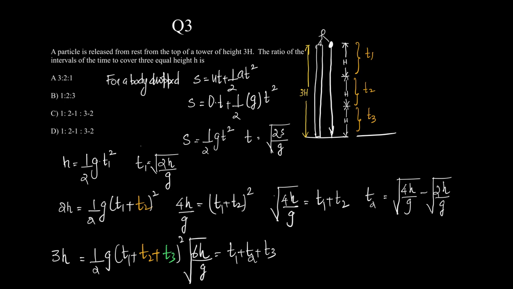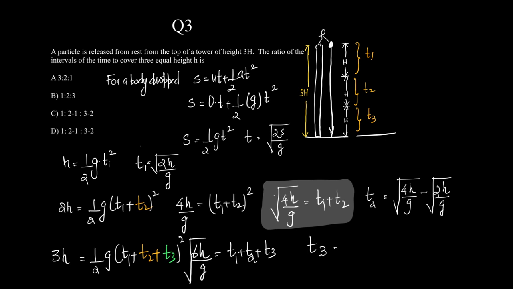But what is t1 plus t2? t1 plus t2 is root of 4h by g, right? In which case, what is t3 equal to? t3 is root of 6h by g minus t1 plus t2. From this equation, we just transpose t1 plus t2 to the LHS.